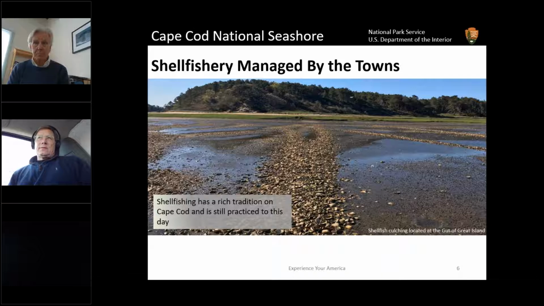And some of these shellfisheries are some of the highest quality shellfisheries in the world. Wellfleet oysters are renowned throughout the country and the world. And part of that takes place right within Cape Cod National Seashore. So we work very closely to keep that shellfishery viable, sustainable, and done in a very responsible manner. Next slide, please.